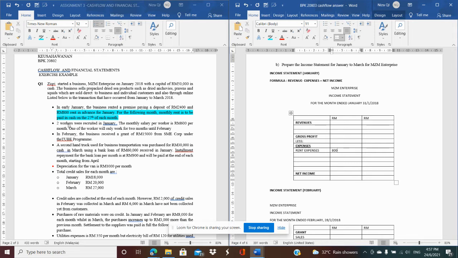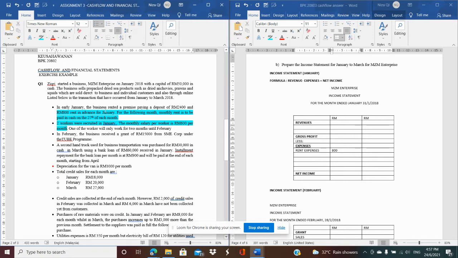Then we look at the second transaction, on the recruitment of the workers. Two workers were recruited in January and the monthly salary per worker is 600. So this is an expense, and you have to take it into consideration. For January there will be two workers.